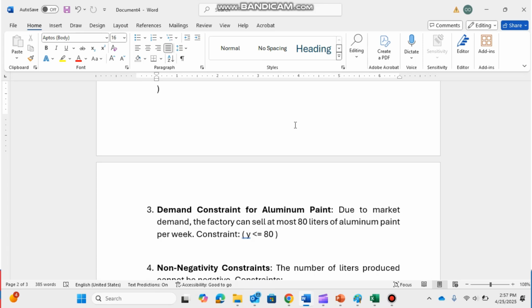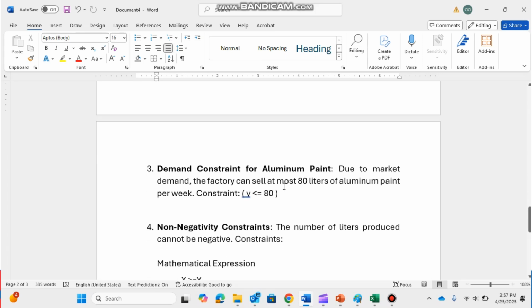So we said y is less than or equal to 80. Because the factory can sell at most, it means not beyond, at most 80 liters of aluminium paint per week. So it's expressed by y is less than or equal to 80.